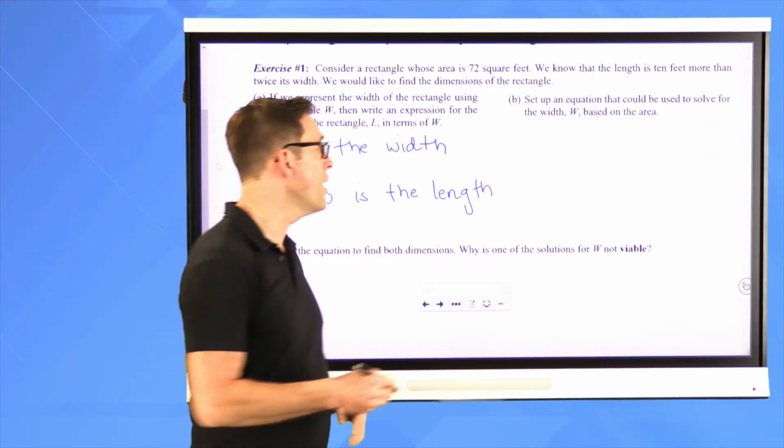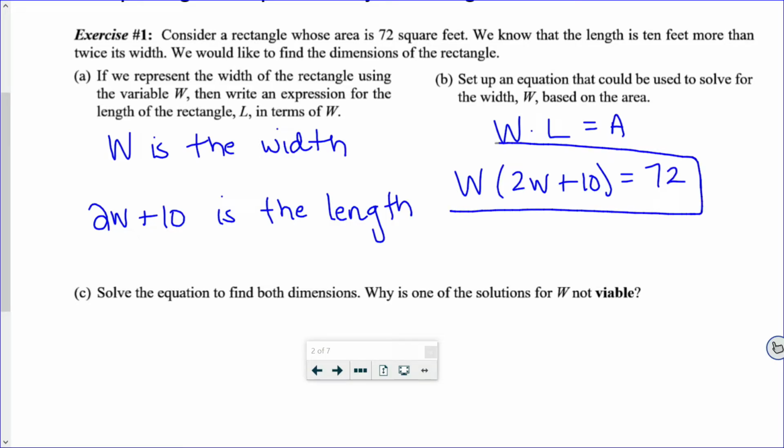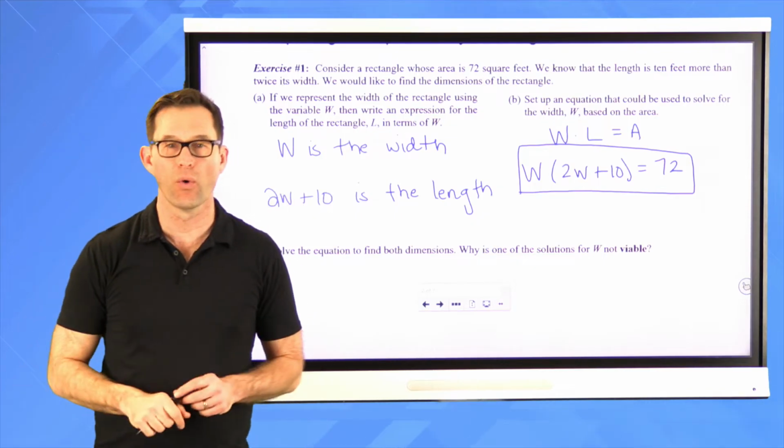All right, well, we know that width times length equals area. So therefore, w times 2w plus 10 must be equal to 72. That equation models everything that the problem has told us.